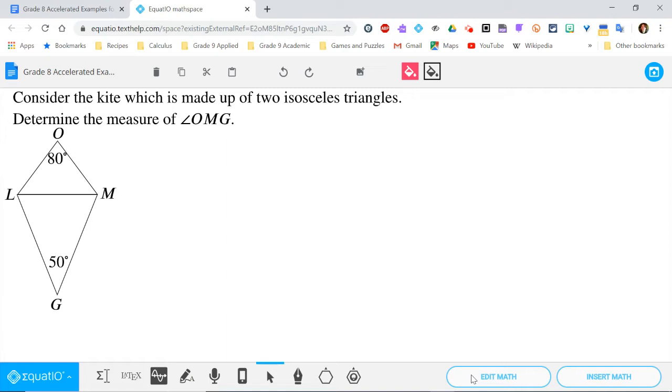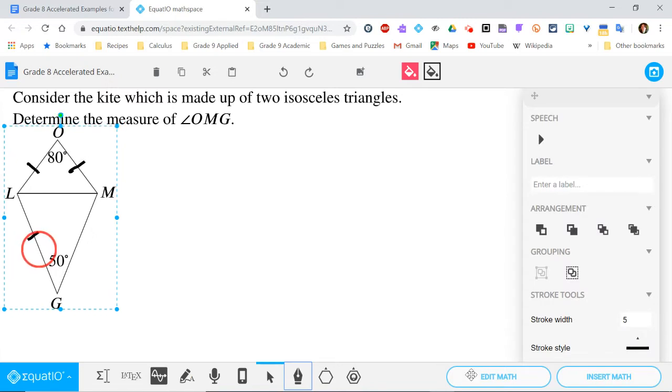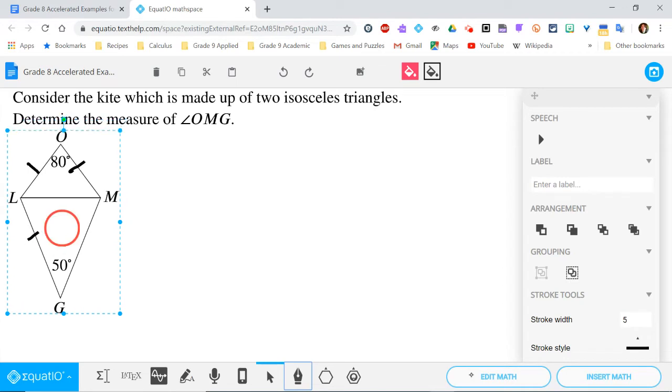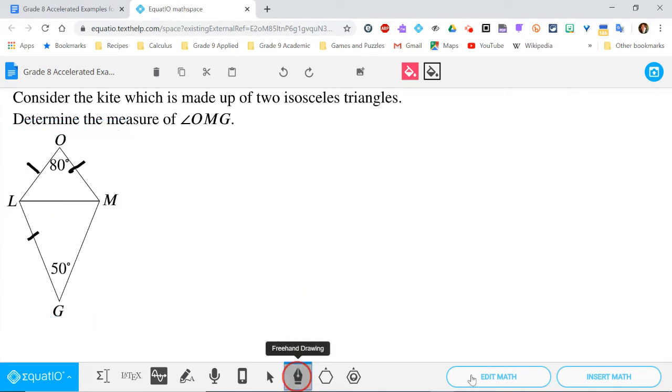So because it's isosceles, I know right away that this side, so I'm using that pen tool, and this side have to be the same. This side, oops, my pen tool got unselected. This side and this side must be the same.